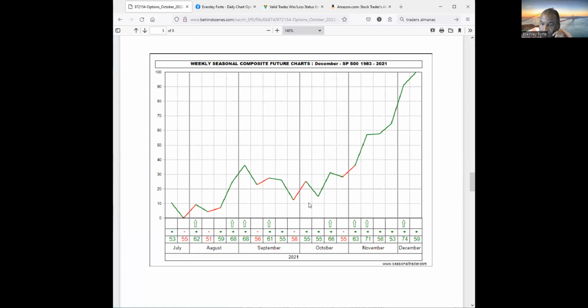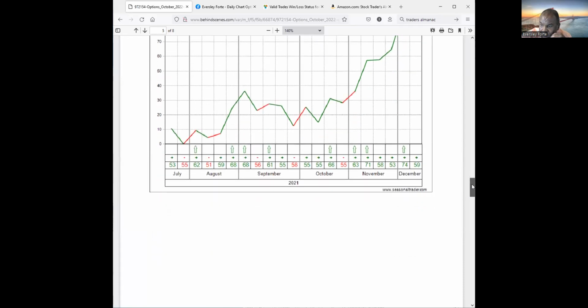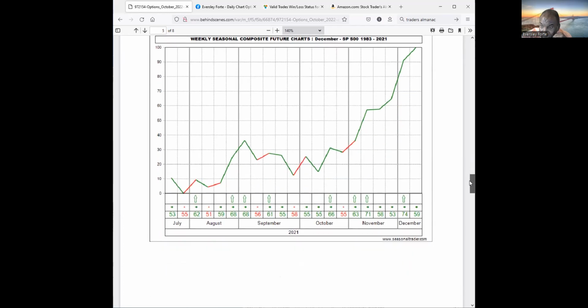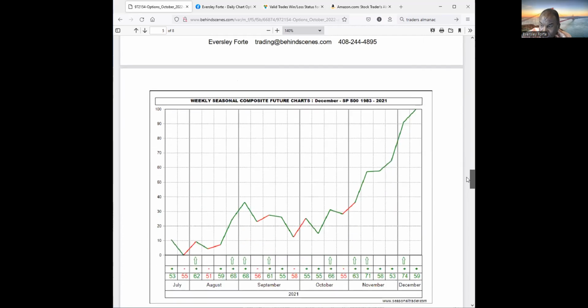So this is what we're looking for this year. This is almost 38 years' worth of data to generate this. If you haven't been to Seasonal Trader, it's good to go there and get a free account. It's free for a month, just to play around a little bit and take a look at some of the seasonal charts. We do these charts for some of our commodity trades.